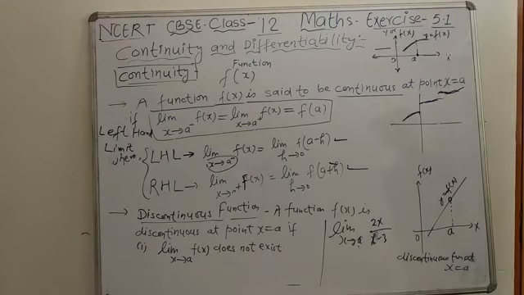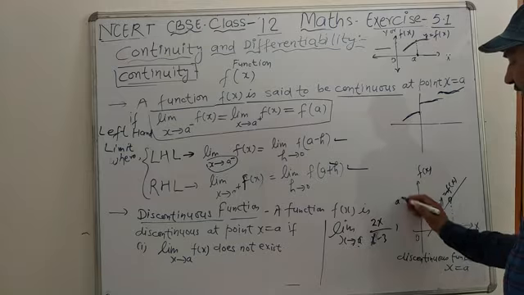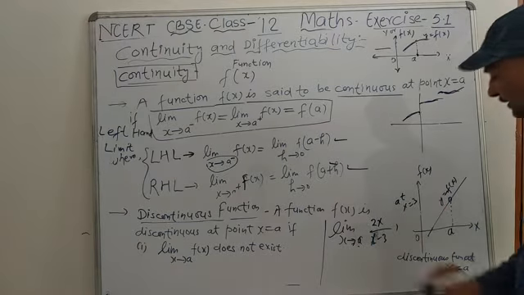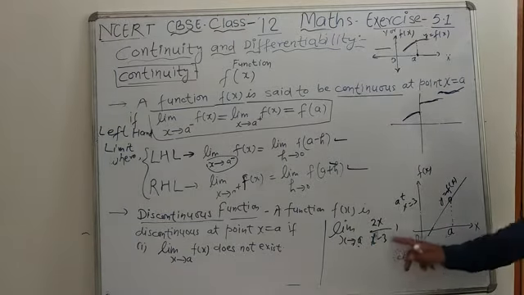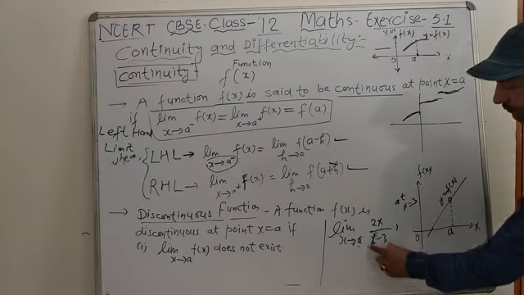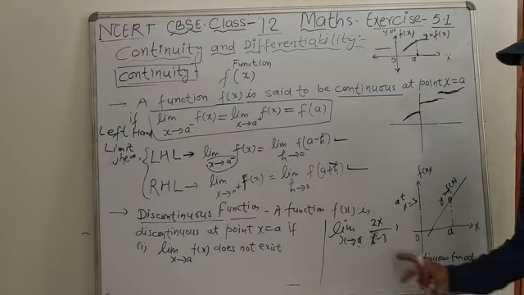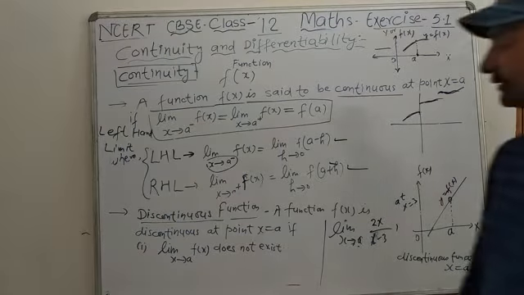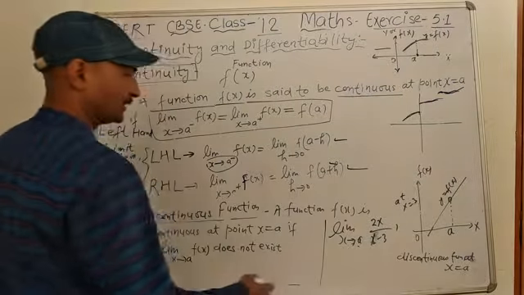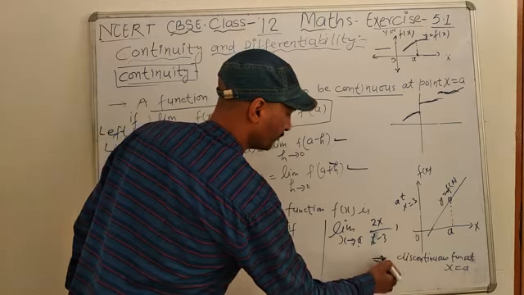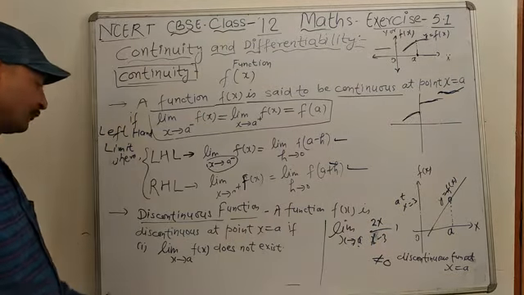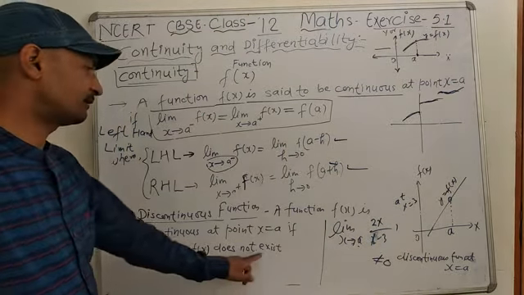What is the point of discontinuity at x = 3? If we put x = 3 here, 3 minus 3 is 0, which means not defined; it becomes infinity. The denominator should not be 0, so at that time you can say the limit does not exist.